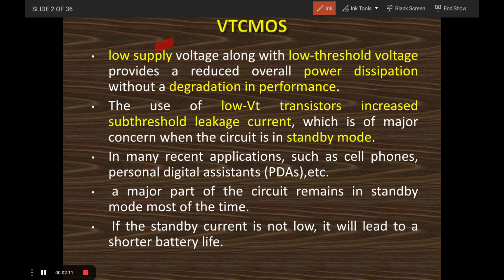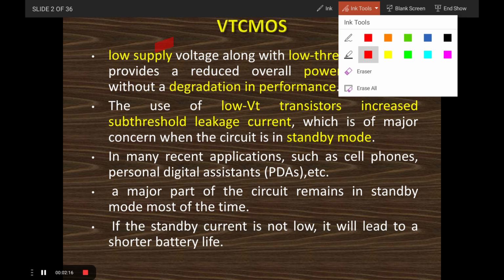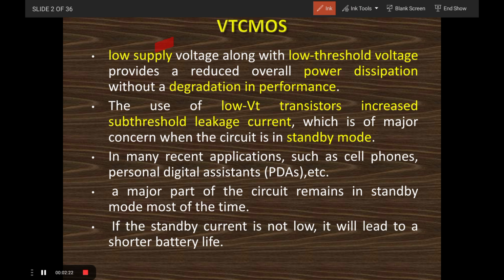But if you reduce the supply voltage in that fashion, another consequence appears: the use of low VT transistors increases the leakage current. That means if you reduce the threshold voltage, the consequence is an increase in the leakage current, and if the leakage current increases, the overall static power dissipation increases, right?